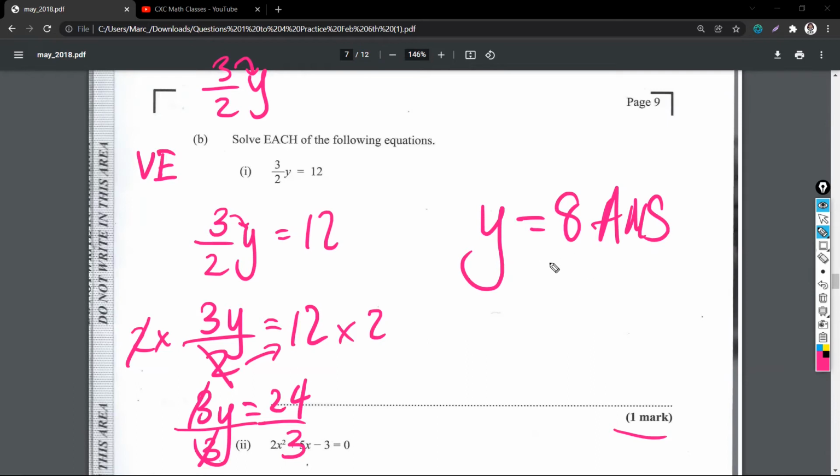This is my answer. All right, so how is this one worth 1 mark? Can I just put 8? No, you'd get 0.5 marks. Why? In math, Delano, you have to show why. You know, it's not English. In English, you don't have to show why.